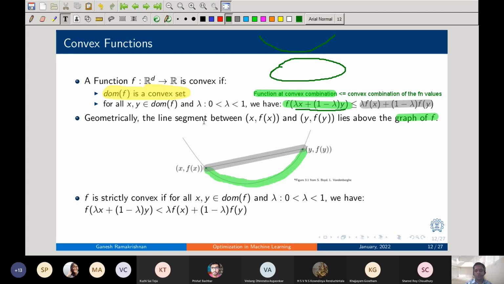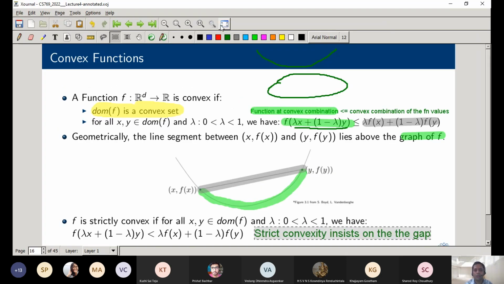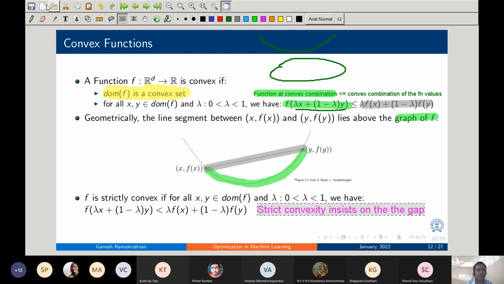So what is strict convexity doing? It's just insisting on a gap, and the gap is basically between the graph of the function and the line segment.